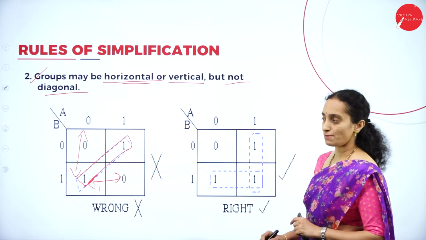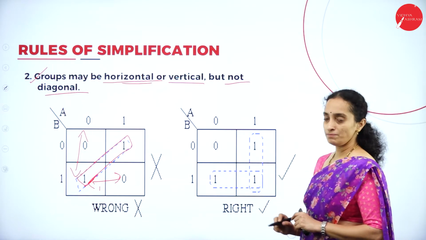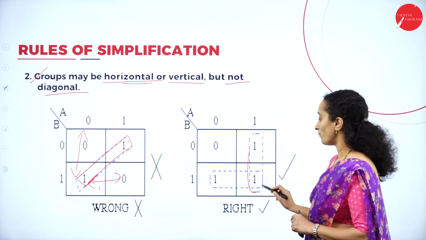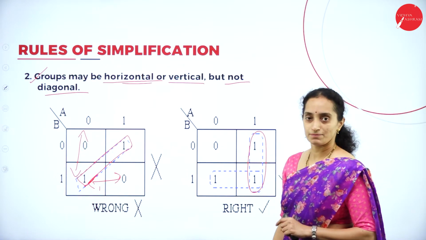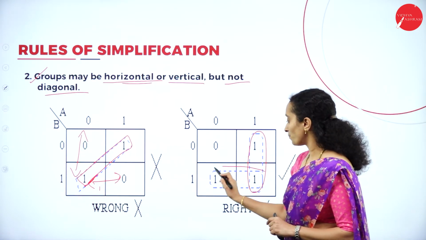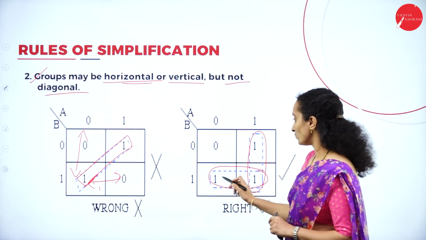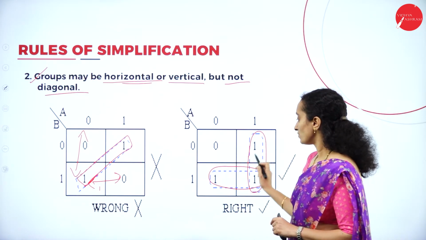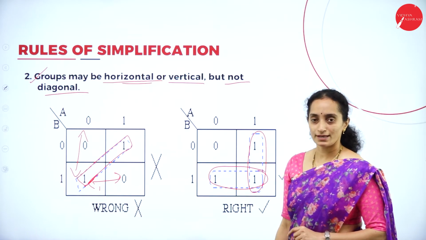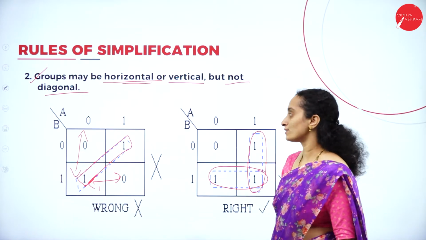Here you have the example 1, 1, 1. You can group the ones vertically, or you can group the ones horizontally. Okay, you can do this, but you cannot group like this. All right, this is the second rule.